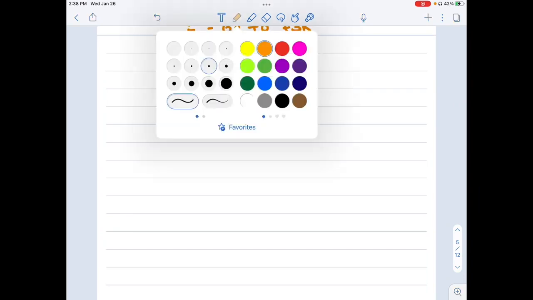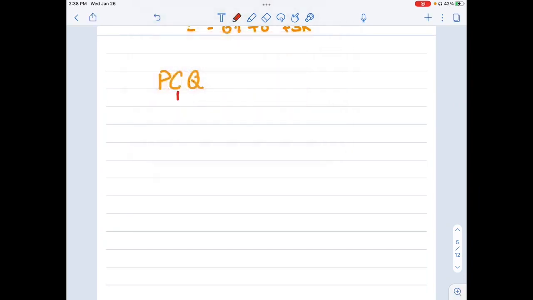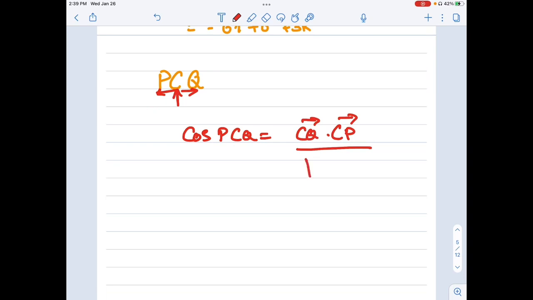Whenever it is angle PCQ, you take the middle alphabet, C, so CQ and CP. So cos PCQ will be equal to CQ dot CP upon modulus of CQ times modulus of CP.